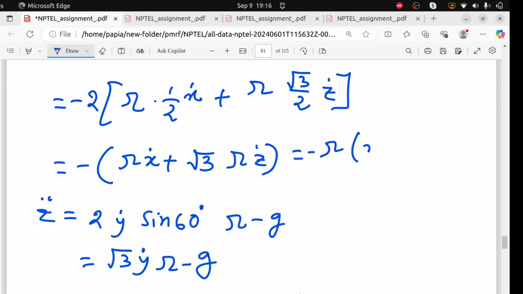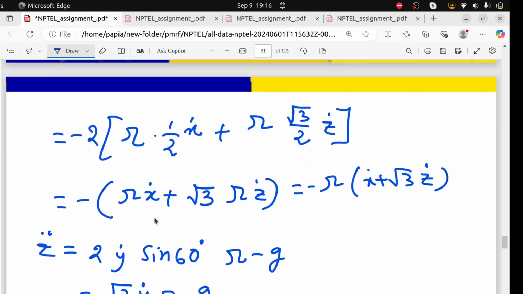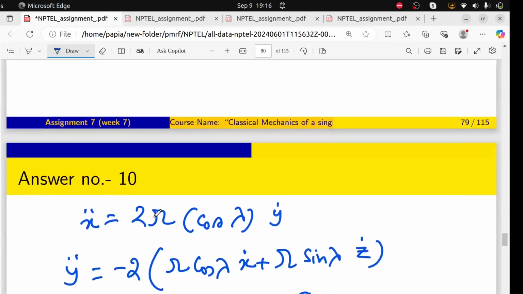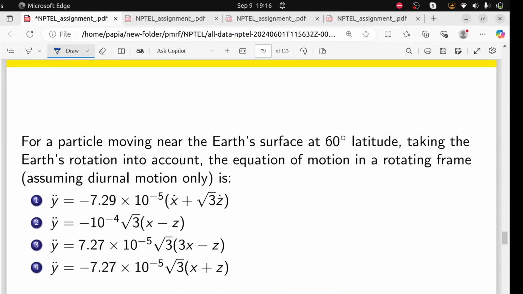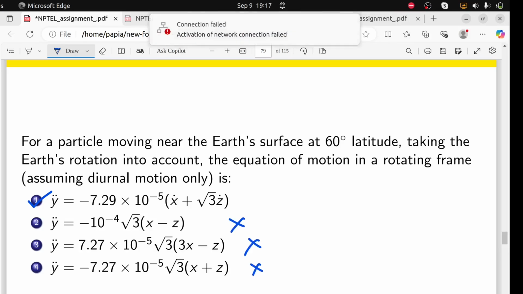So that is this first option. Okay, so the first option is the correct one. This one not, this one not, this one.